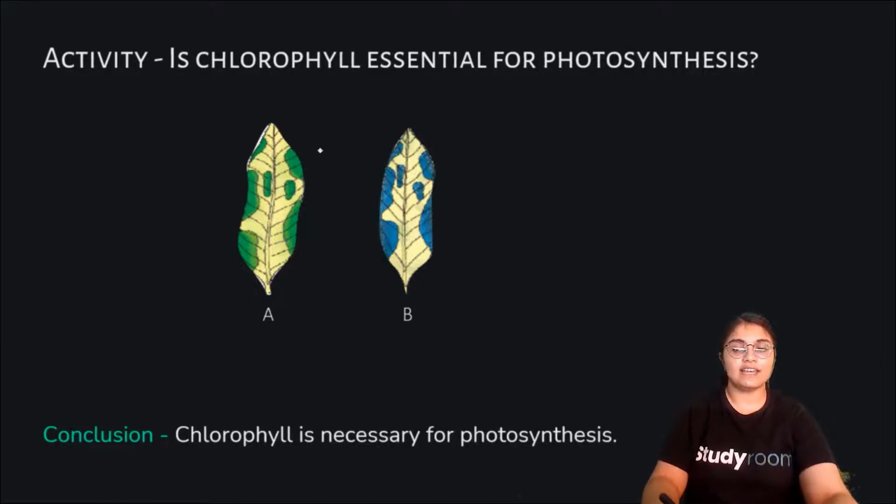Then we'll pluck a leaf of the plant, mark the green areas in it, and trace them on a sheet of paper. Then we'll dip the leaf in boiling water for a few minutes, and after that we'll immerse it in a beaker containing alcohol.